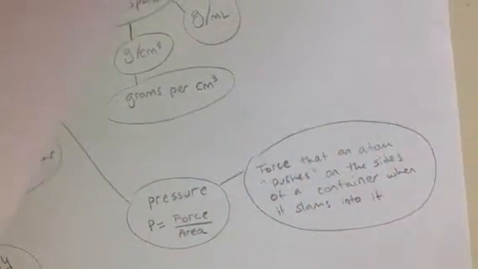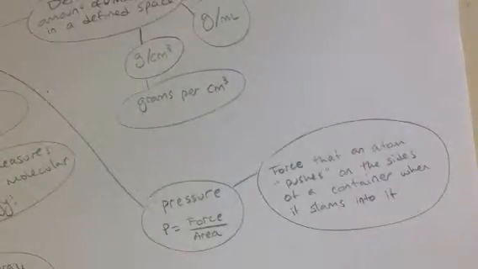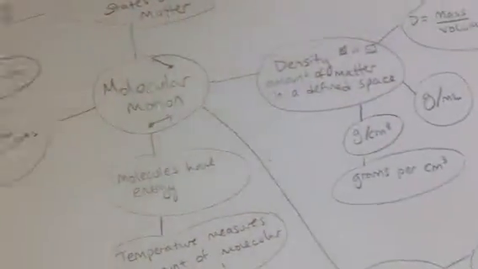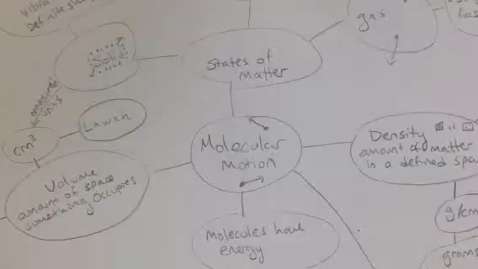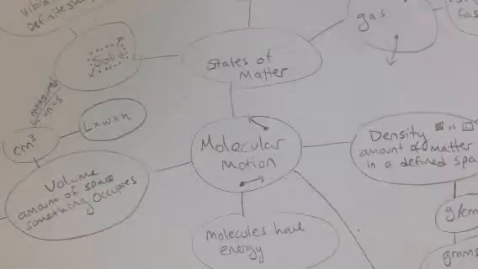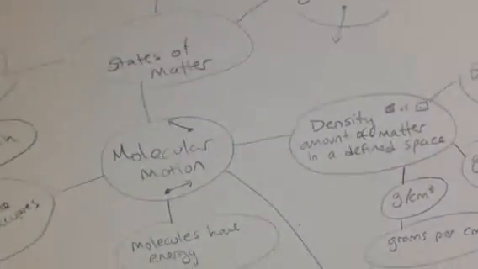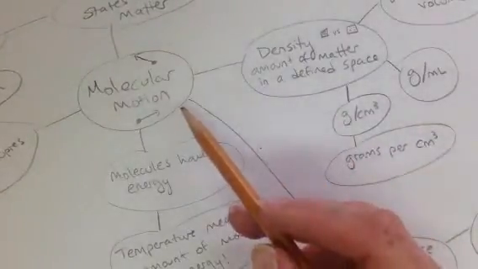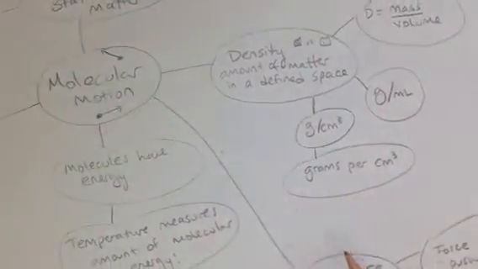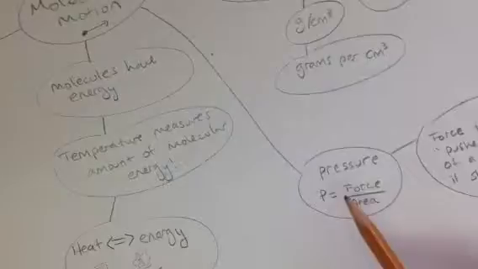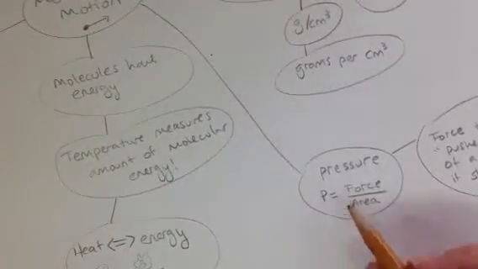So now a couple of ideas here. Let's make more connections, because that changes this from a level 1 to a level 2 or 3 study strategy. So this idea of pressure. So I know that molecular motion, the speed and the energy of molecules, causes pressure. It bumps into the sides of the container. And guess what?